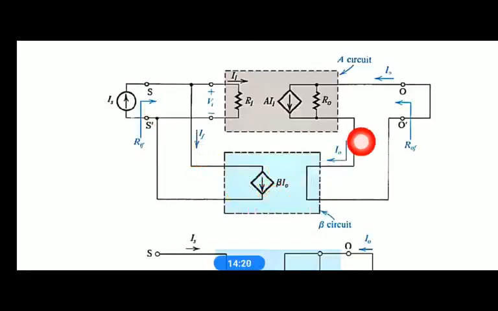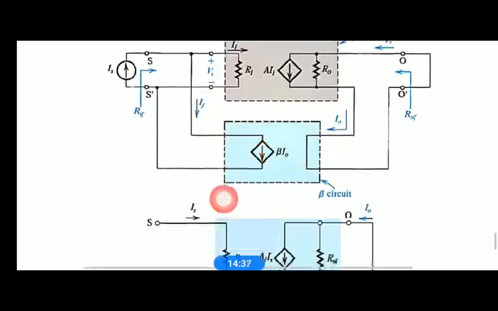The feedback network takes the output current I0 as an input and generates the feedback current IF as an output. So IF is equal to beta I0.